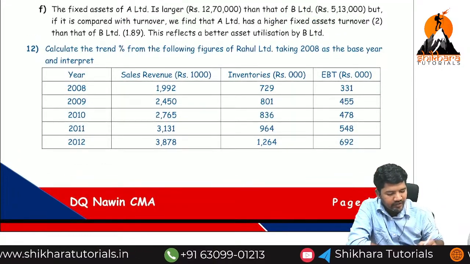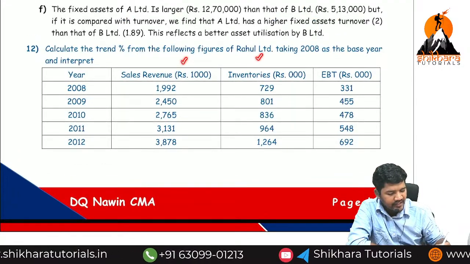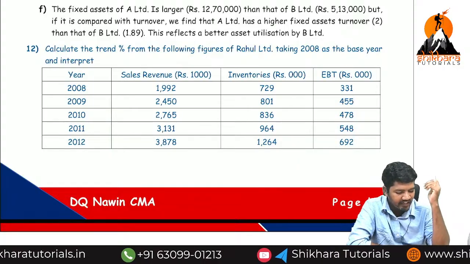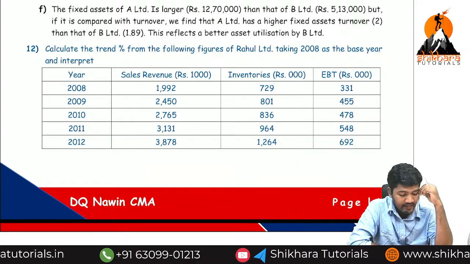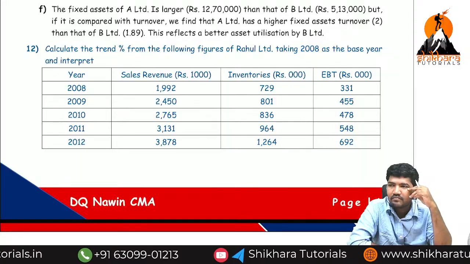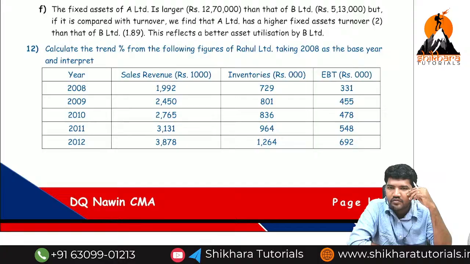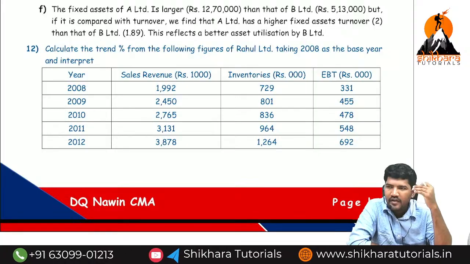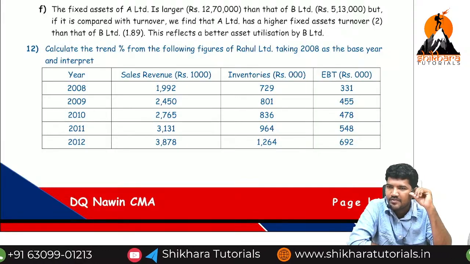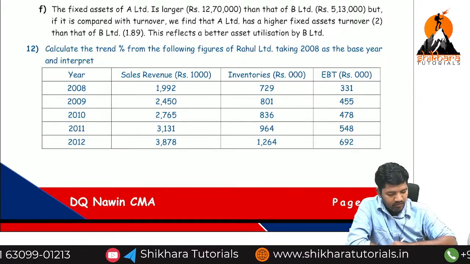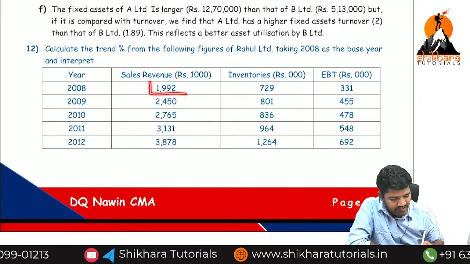They provide only three things: sales, inventories, EBT. So sometimes you can get a full income statement, and sometimes a full balance sheet also.